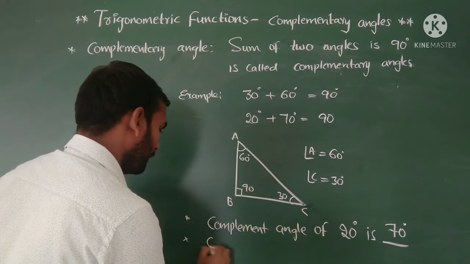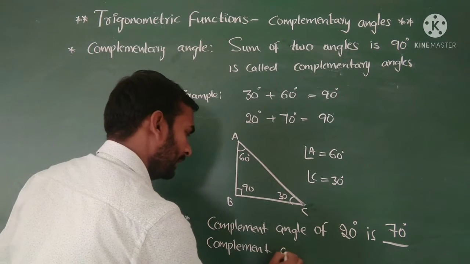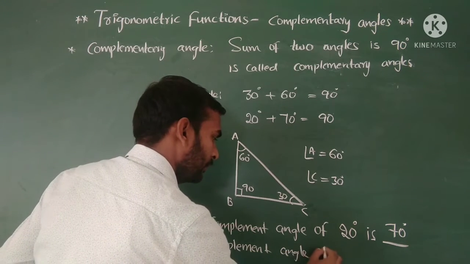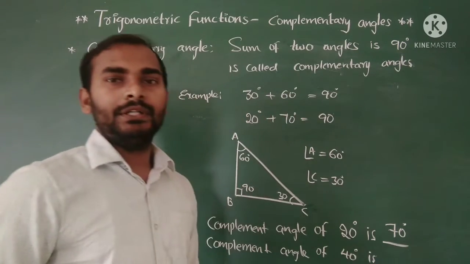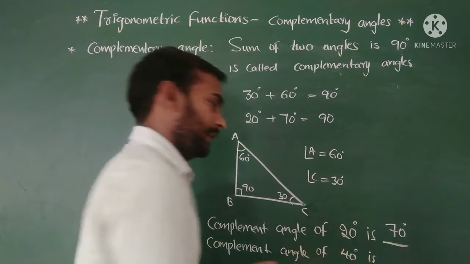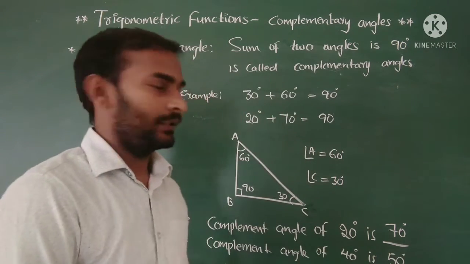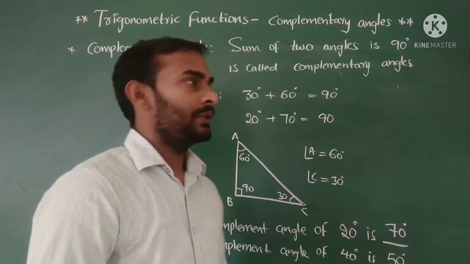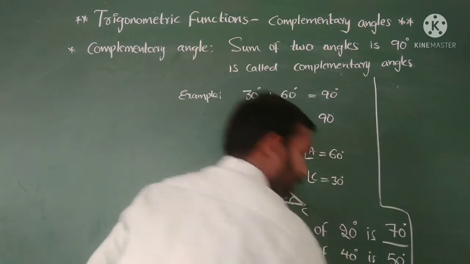Okay, for example, complement angle of 40 degrees is dash. It means 90 minus 40, how much? 50. So 50 degrees. The sum of the two angles is 90 degrees. 40 plus 50 is 90. So like this, 90 minus 40 is 50.